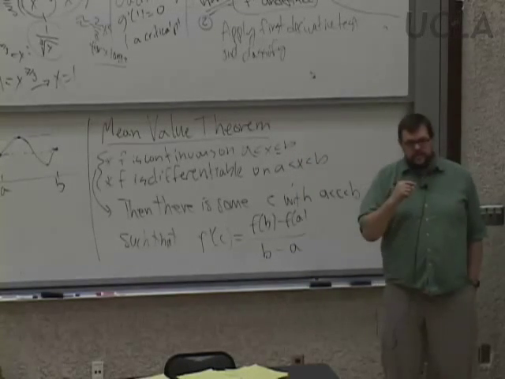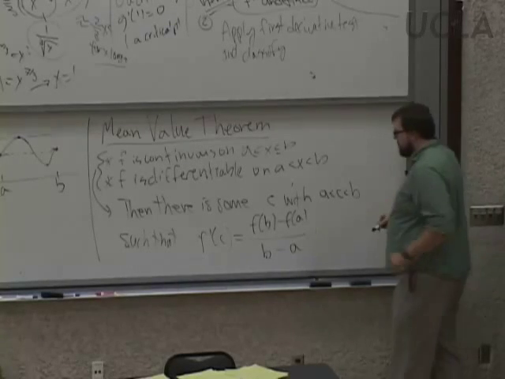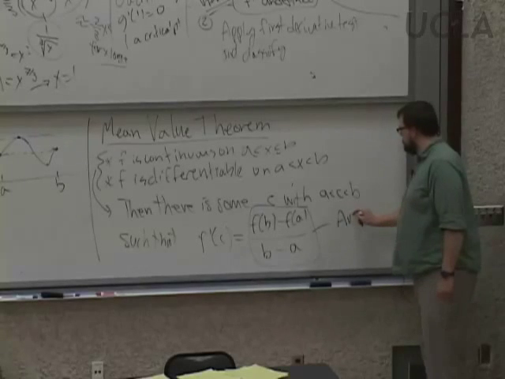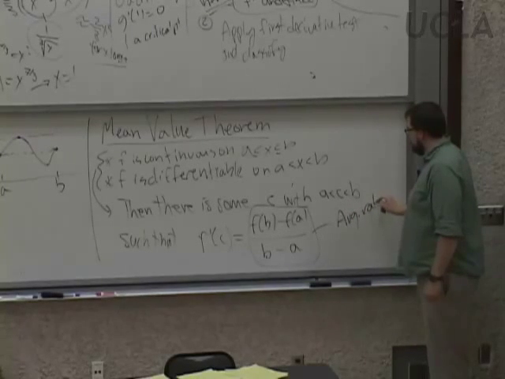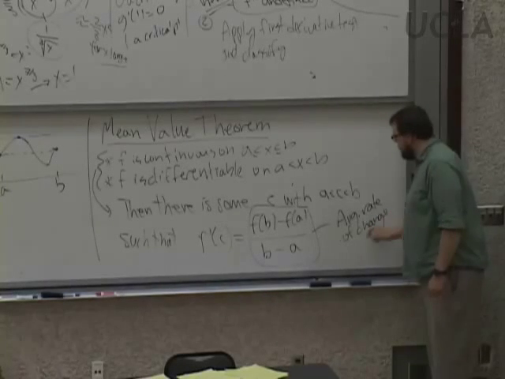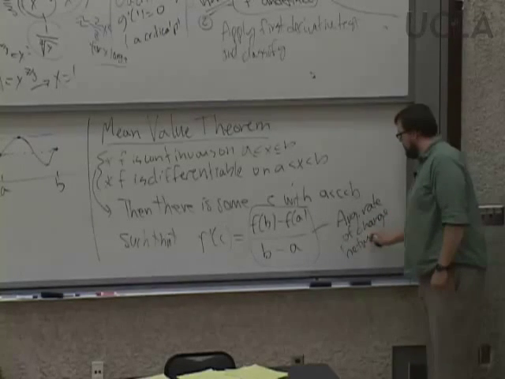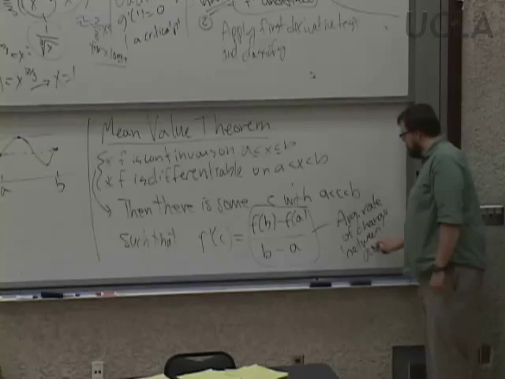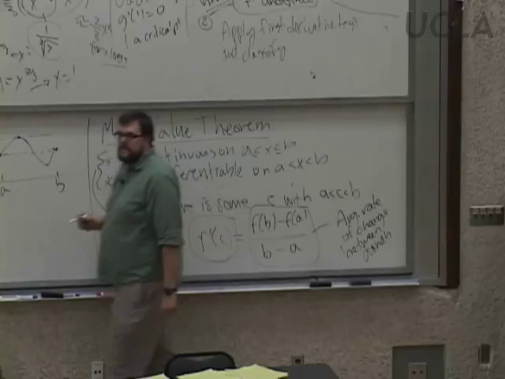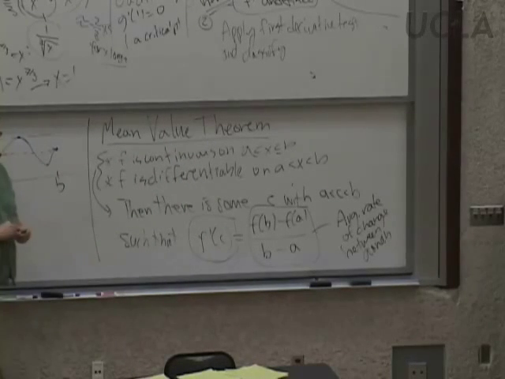What kind of rate of change? This was the average rate of change between A and B. And what did this represent? This f prime of c. That's also a rate of change, but it's not the average rate.